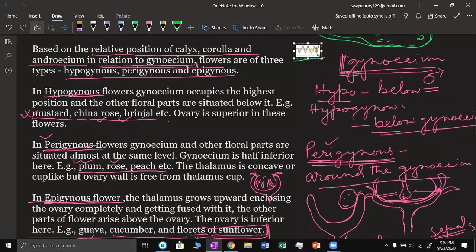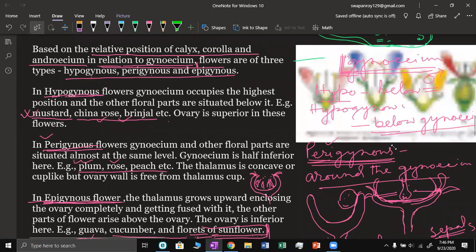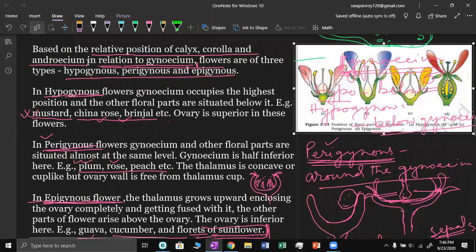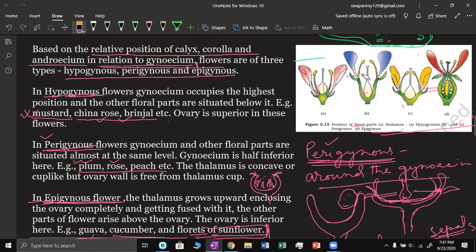Here we can see this diagrammatic representation. You can see this. This flower is hypogynous. Here the thalamus, this portion, this is the thalamus.